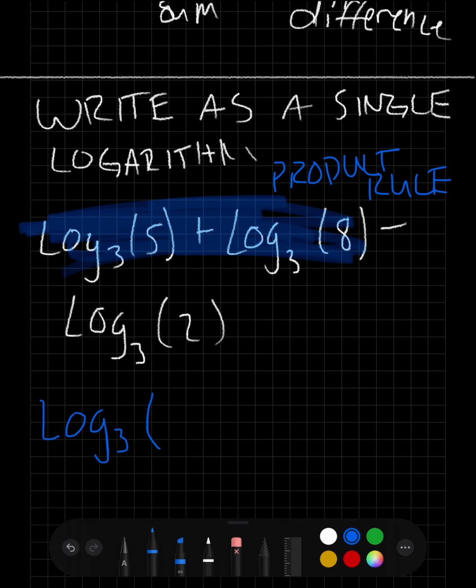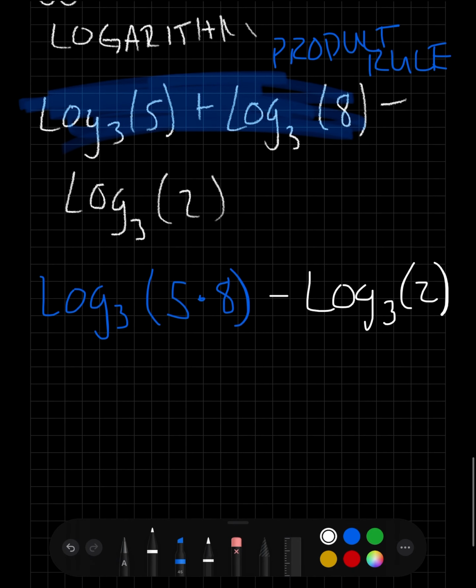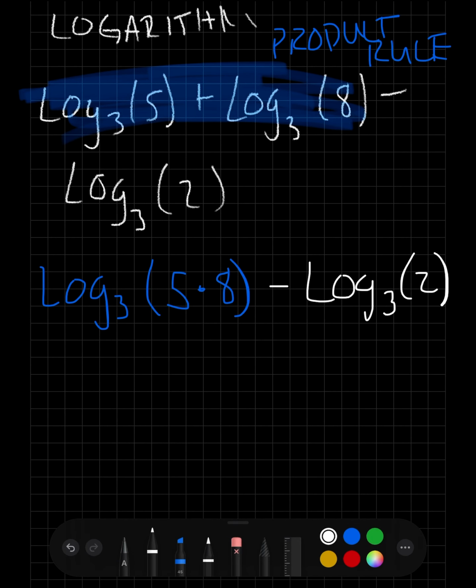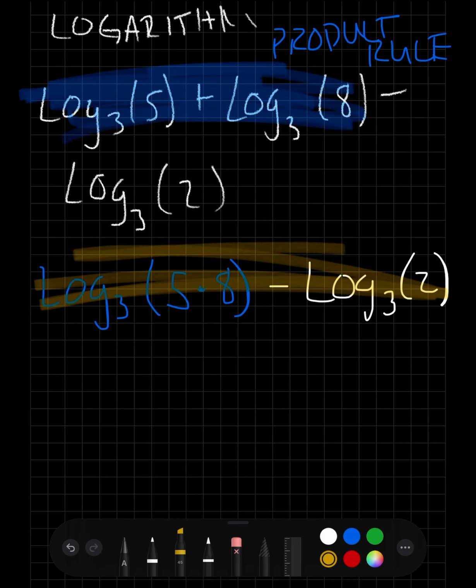So I'm going to end up with log base 3 of 5 times 8. And then I'm going to subtract from that log base 3 of 2. And now I see that I have subtraction.